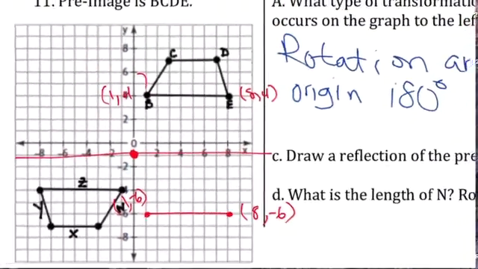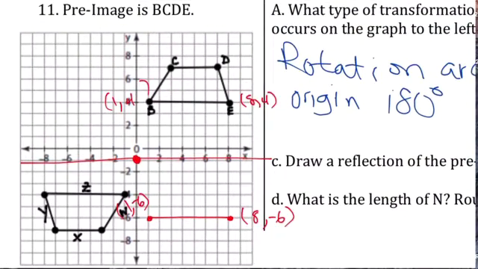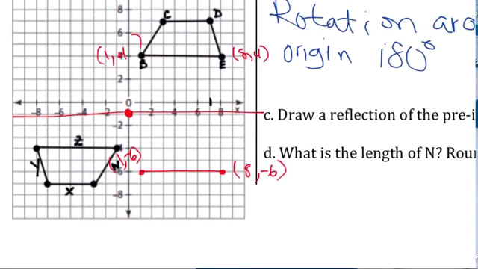Notice what's going on with the coordinates. So for D, instead of 7, it'll be 9, right? 7 and negative 9 right there.